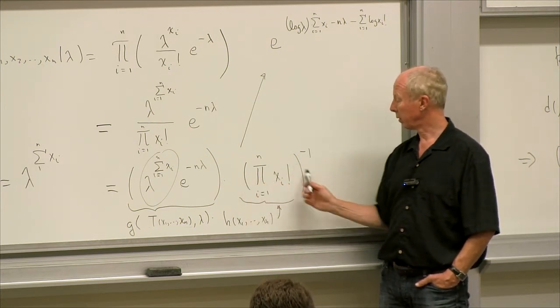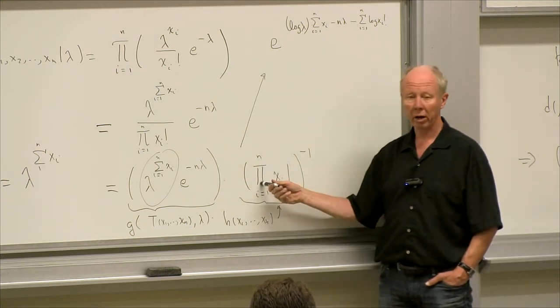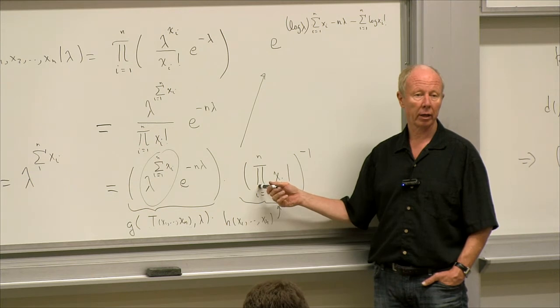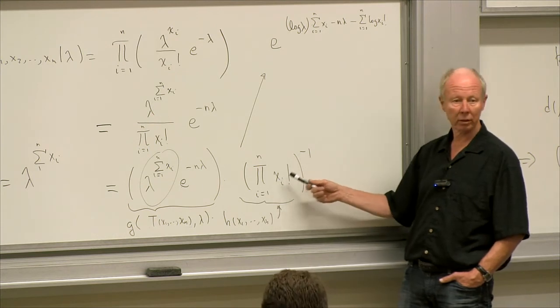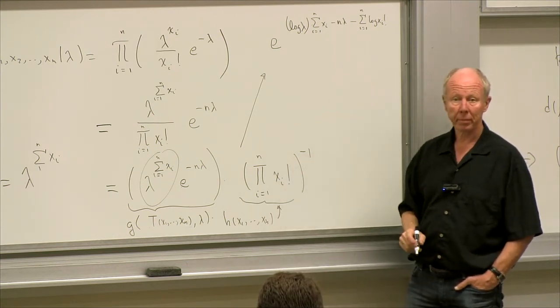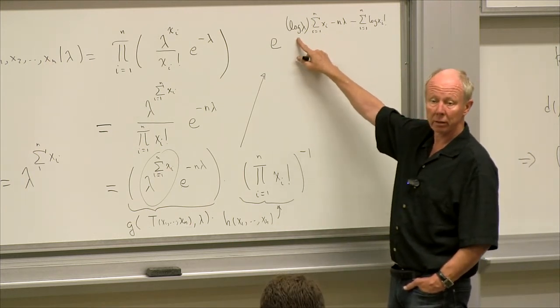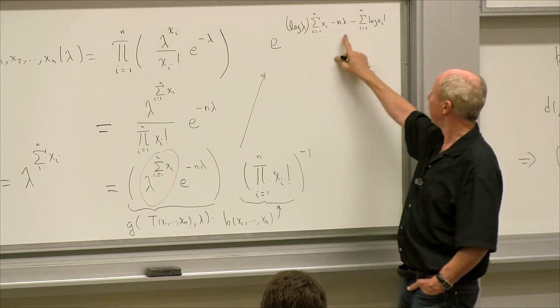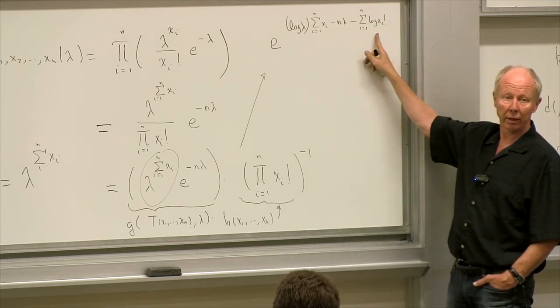So what's e to the log of this? Well, I take the log of this, the minus 1 comes down, that gives me this minus sign. I get a log of a product. How do logs get along with products? They convert products to sums. So it becomes the sum of the log of this. That's that. So does that have that form? Here's the k. This is the c of lambda. Here's the d of lambda. And here's the sum of the s of xi's.